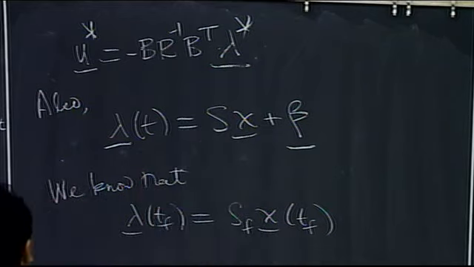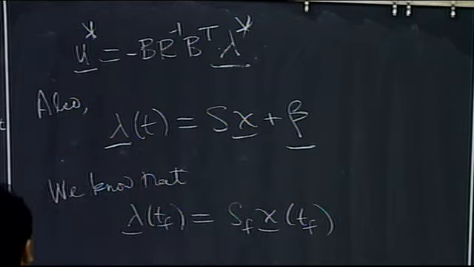Now, because lambda at TF equals S at TF, and this quantity right here is SF, the final value of this solution right here, we get lambda at TF is equal to SF times X at TF plus beta at TF.